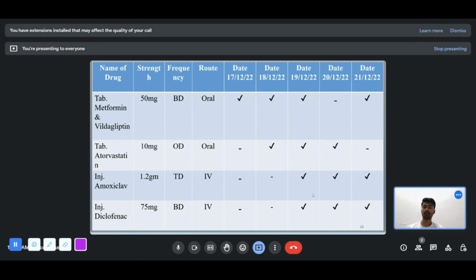The strength is 50 mg, frequency twice daily, route oral, and it was given on the dates 17, 18, 19, and 21st. Next is atorvastatin. It is an HMG CoA reductase inhibitor, that is a statin, which decreases the concentration of lipid, or decreases the absorption of lipid into the liver.